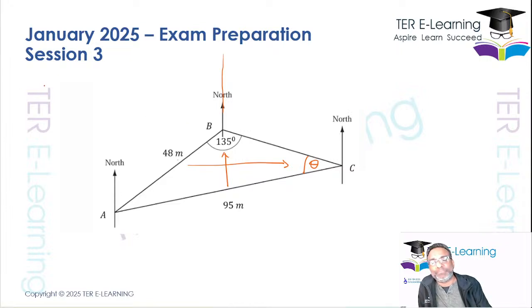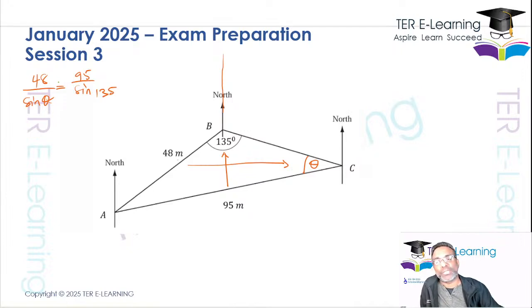So we can say 48 over sine theta is equal to 95 all over sine 135. Once we're using the sine rule, we know we're going to have to cross multiply. So this by this is equal to this by this.